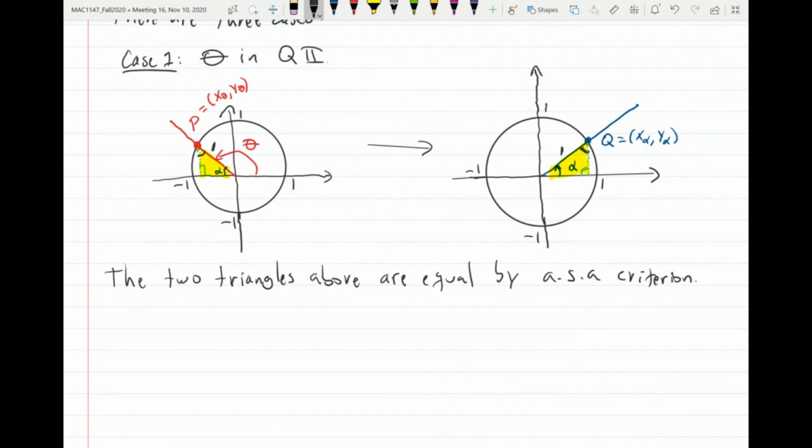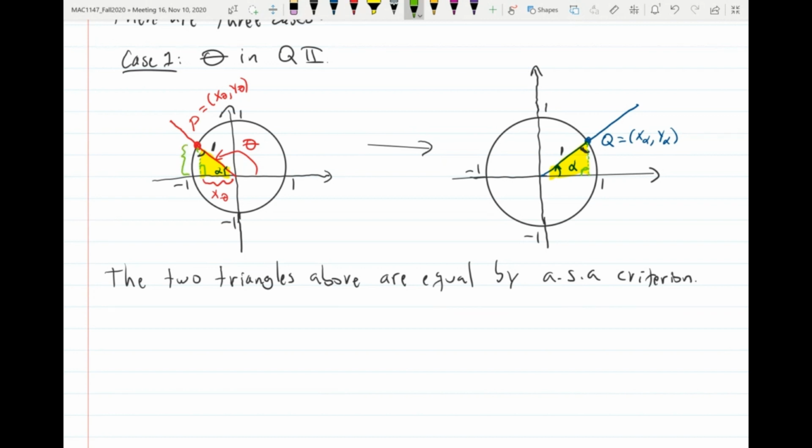Okay, so in particular, if the two triangles are equal, that means that the corresponding sides are equal to each other. So let's see. On the left, the corresponding side, first of all, this one right here. This is x theta, right? And then this opposite side here, what is it?